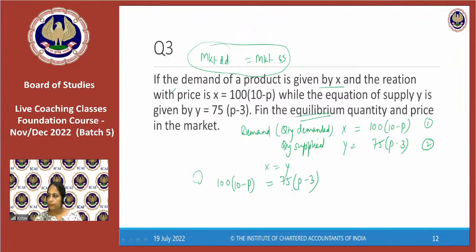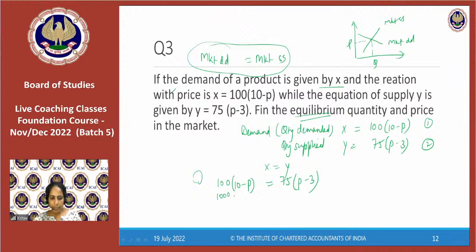What does it mean? In a perfectly competitive market, the price is identified where the demand is the same as supply, where market demand and market supply intersect. This is the quantity that we will be selling at this price. So solve for this.